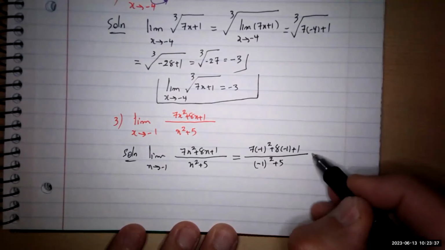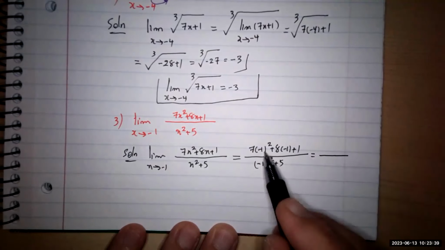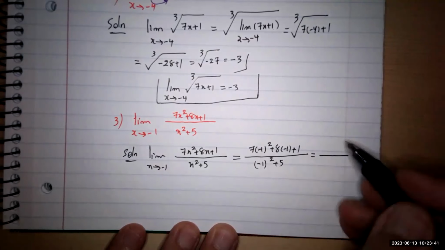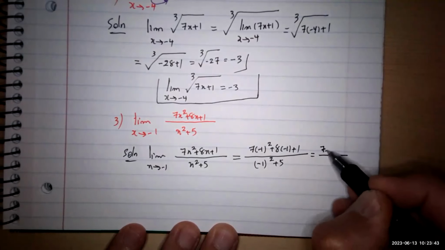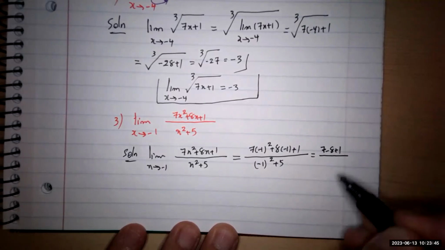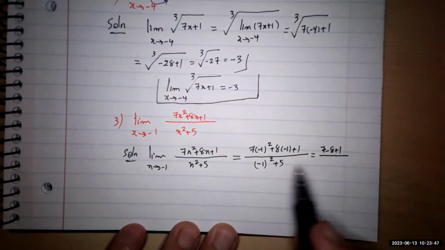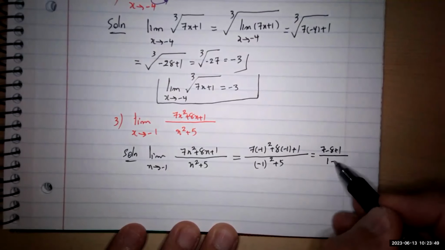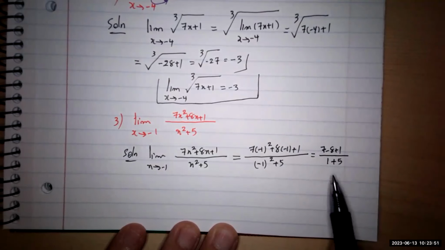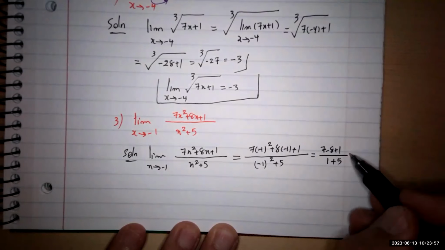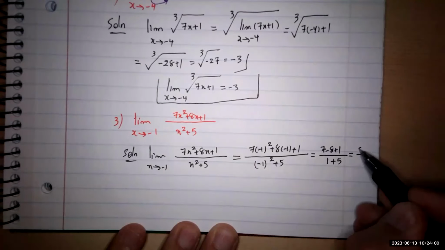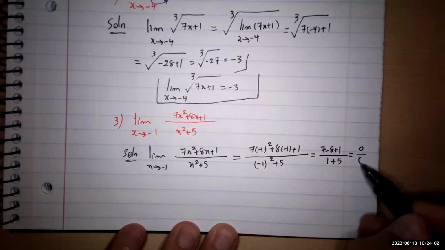Okay, simplify the top. -1 squared is 1, so that gives us 7 minus 8 plus 1. And on the bottom, 1 plus 5. The top: 7 minus 8 would be -1, so that gives -1 plus 1, which is 0. And the bottom one is 6.